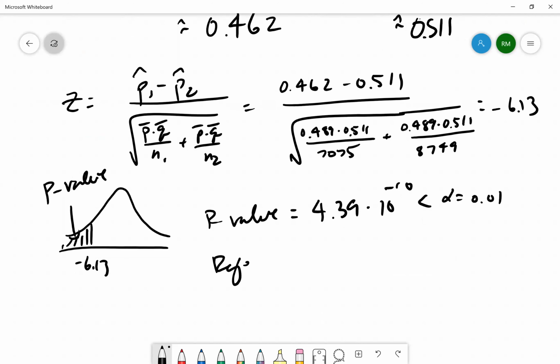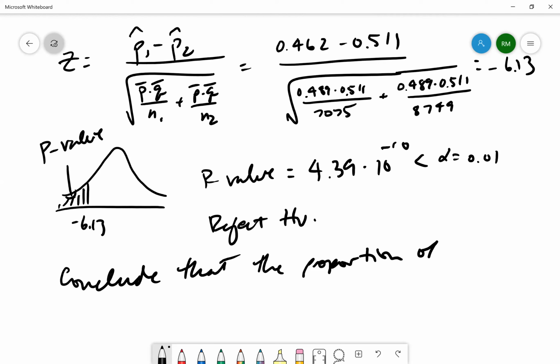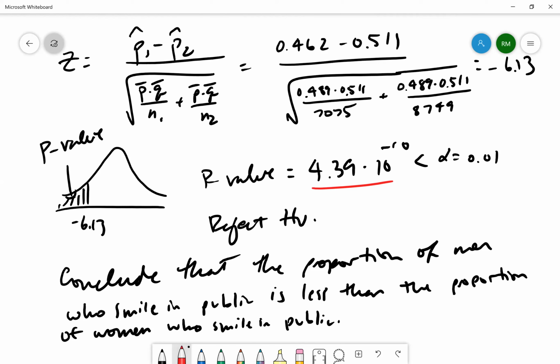So we reject the null hypothesis, and we conclude that the proportion of men who smile in public is less than the proportion of women who smile in public. And we're very confident of that because our p-value was so small.